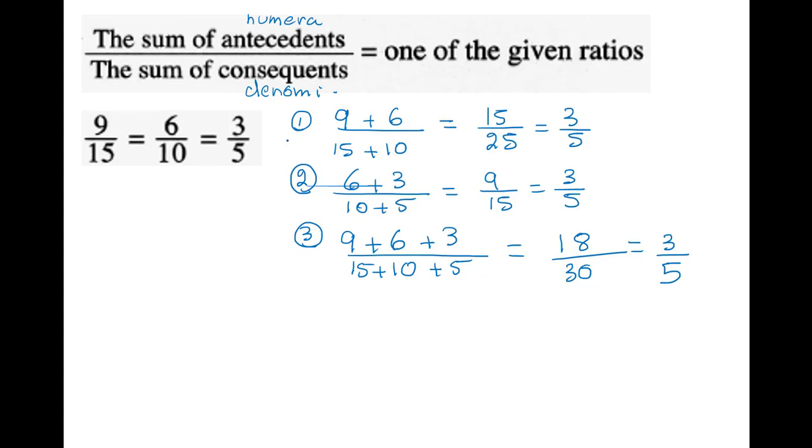And if I add the first and the last, it will give me the same ratio. Now 9 plus 3 over 15 plus 5 will give me 12 over 20, which is equal to 3 over 5.